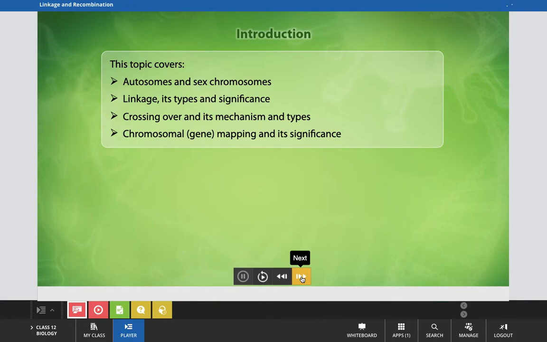We will cover the topics autosomes and sex chromosomes, linkage, its types and significance, crossing over and its mechanism and types, which is the basis of linkage and recombination, and chromosomal gene mapping and its significance.